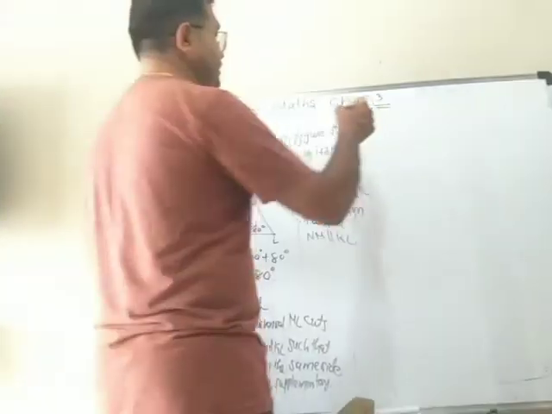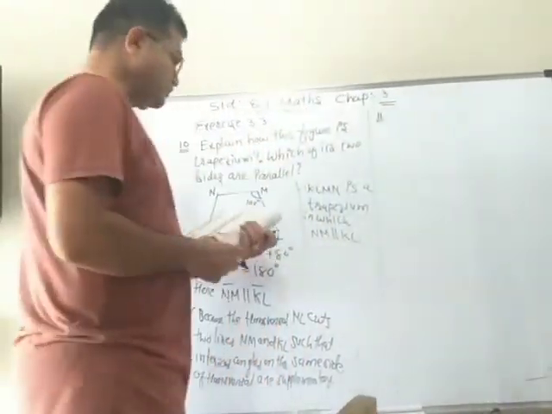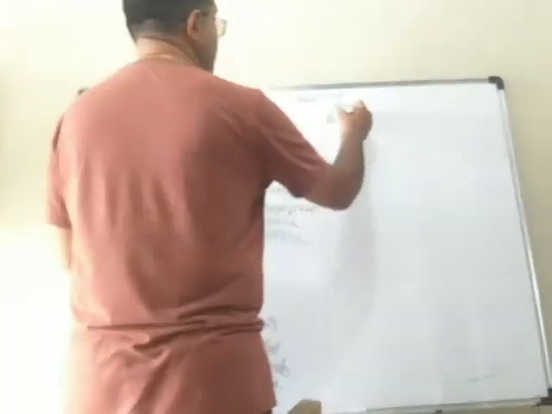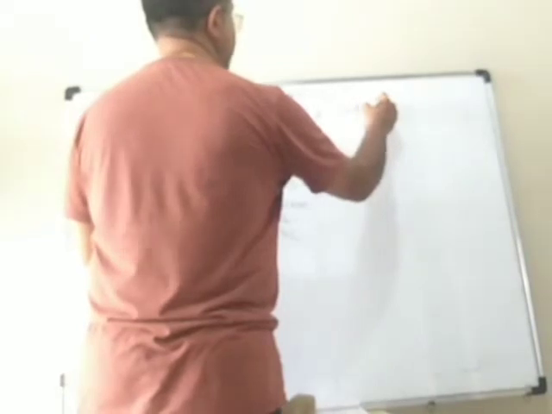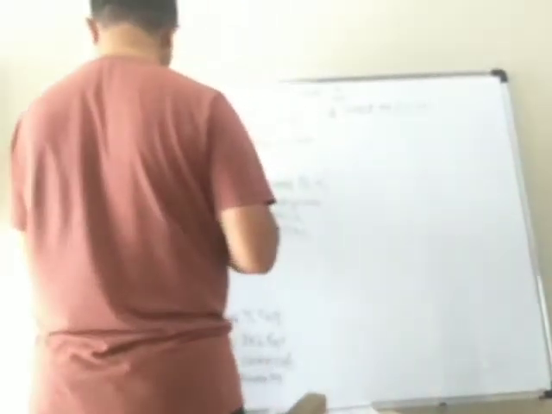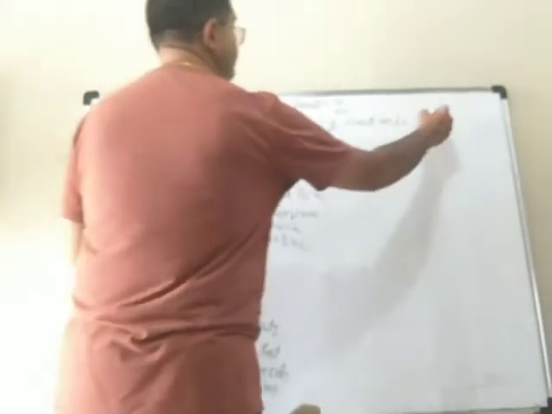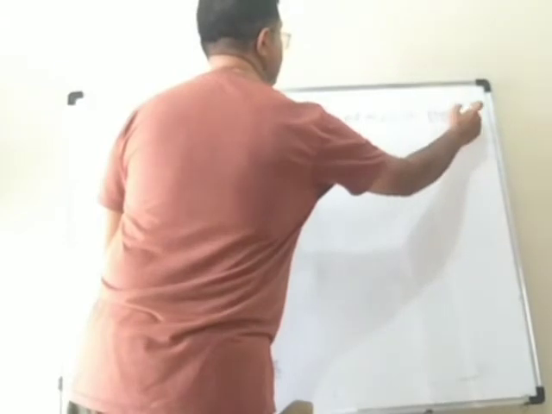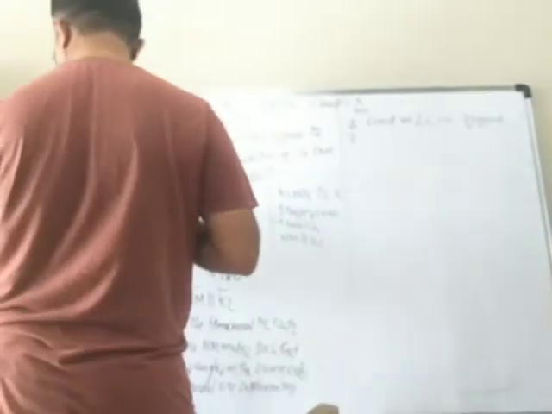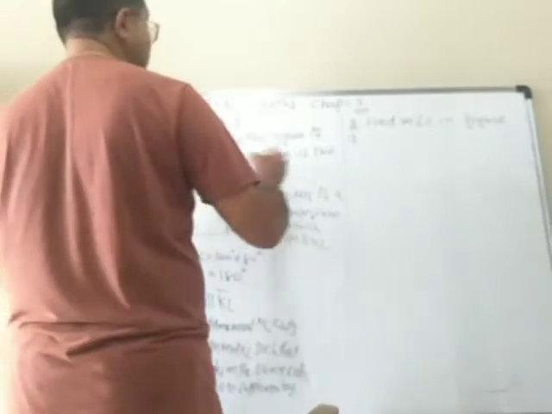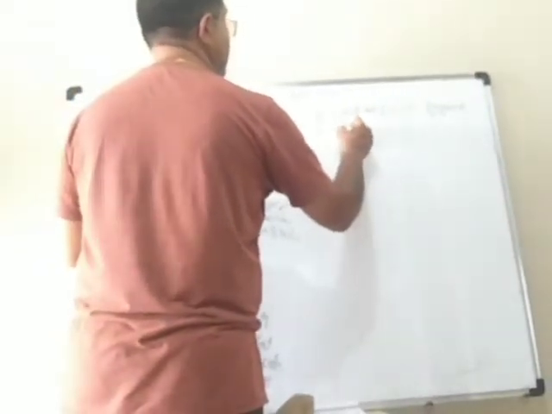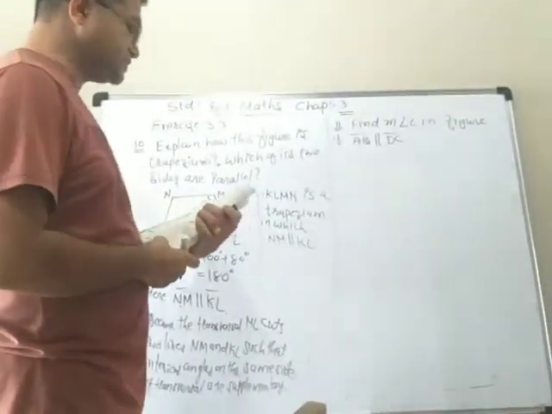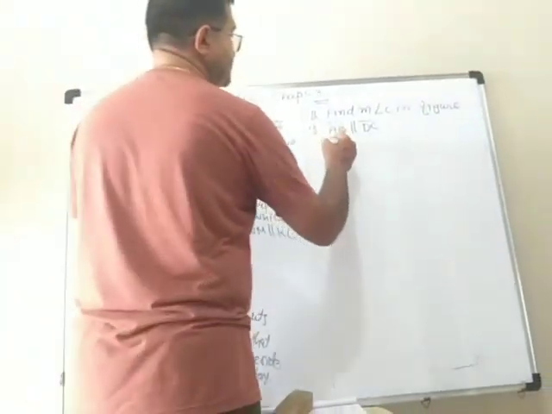Question number 11 now, in which also there is a figure given and we have to find measure of angle C. Find measure of angle C in the figure, given that line segment AB is parallel to DC, that is given, and the figure is like that.